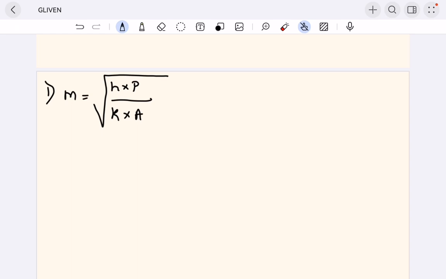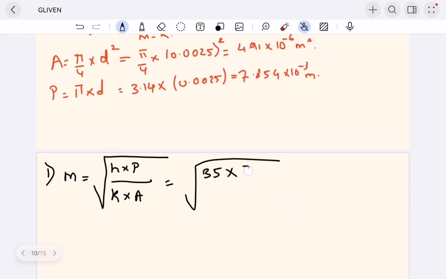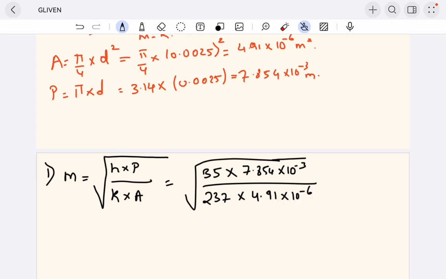If you substitute all your values from above, we have 35 times the perimeter, 7.854 times 10 to the power minus 3, divided by k is 237 times the area, 4.91 times 10 to the power minus 6. If you solve all this, you should get something like 15.37 per meter. That's the value of m.